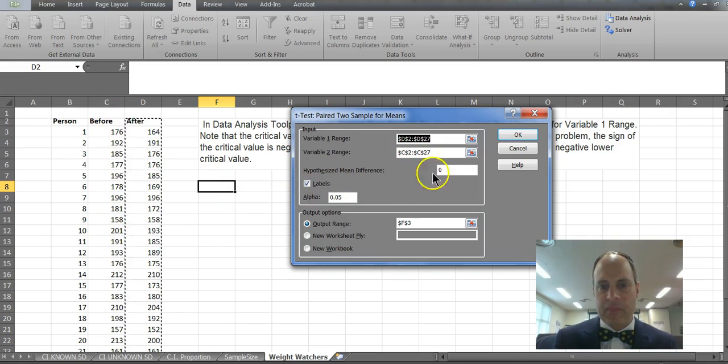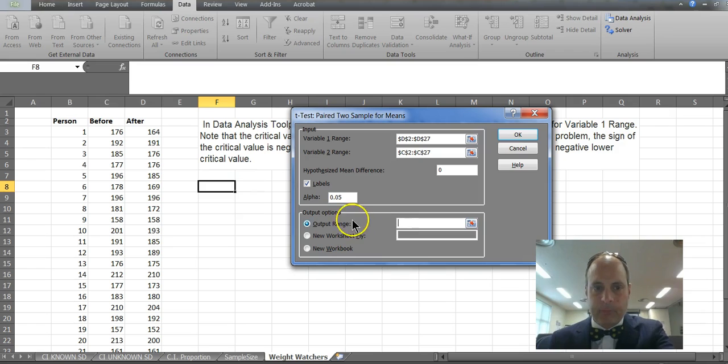The hypothesized mean difference is going to be 0 because we don't have any hypotheses built in yet. It says one is higher than the other by any amount. And then you can check the labels because I included the before and after. And the output range, I'm going to put it right here.